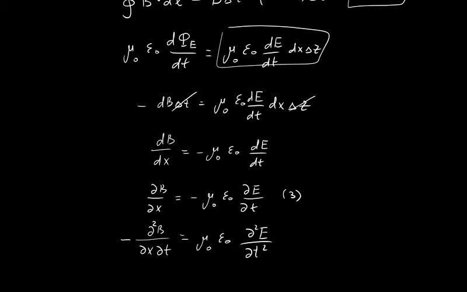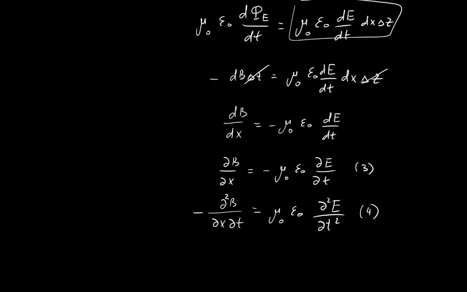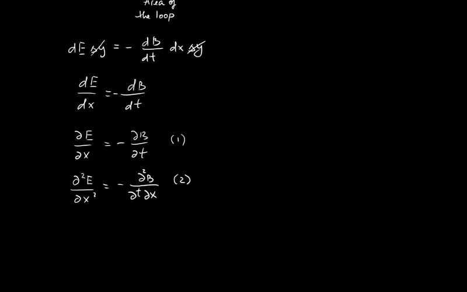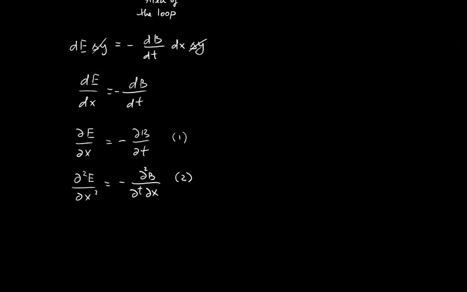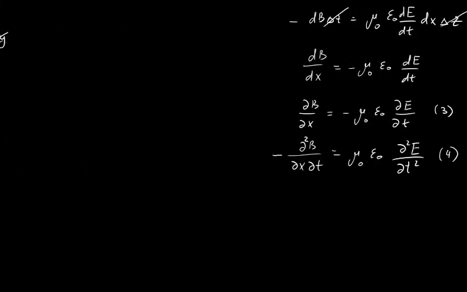I did this negative on the left side because that is actually what I have in equation 2. If we go back to equation 2, you can see this term with the negative in it is the same as this term right here.